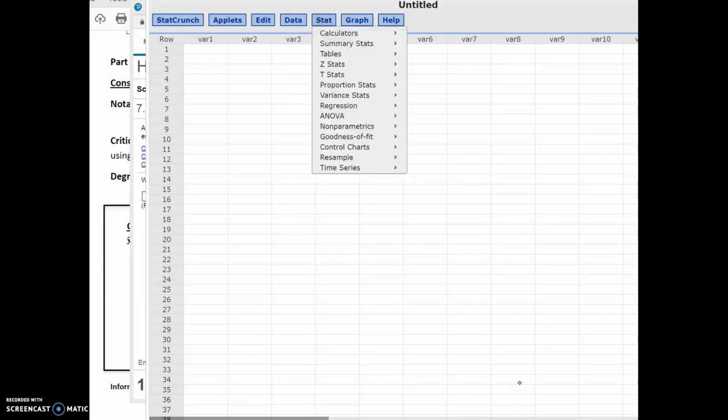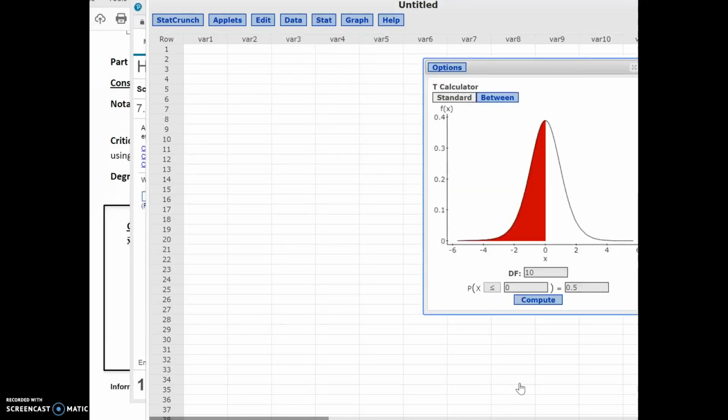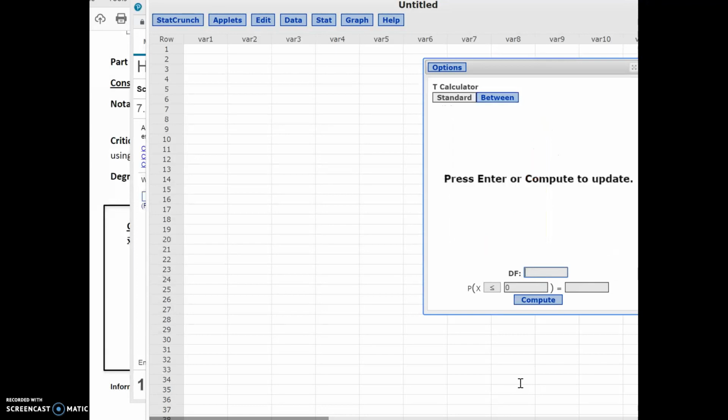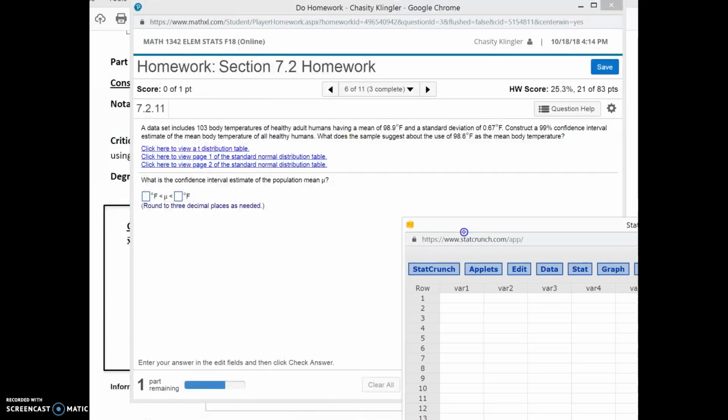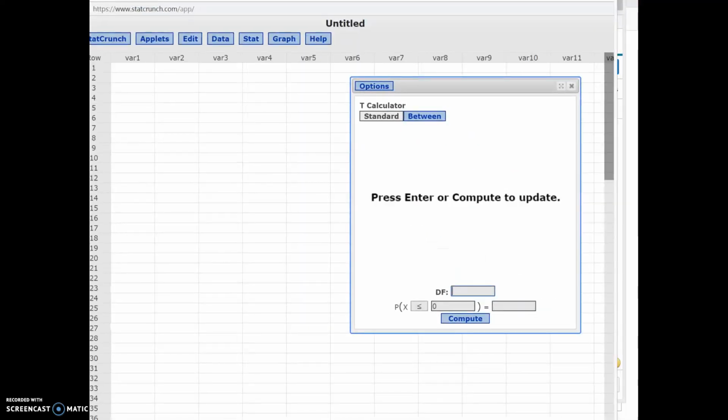You're going to do Stat, Calculators, T. Degrees of freedom is N-1. So my N was 103, so I'm going to use 102.